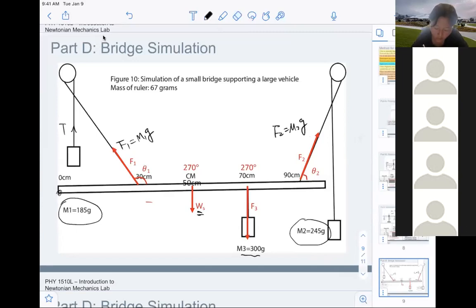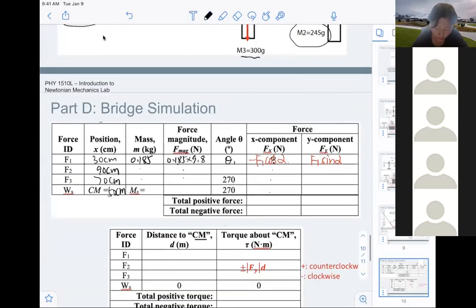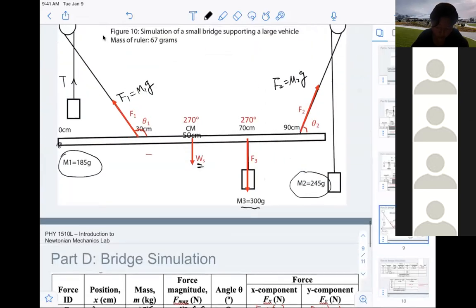So we know all these forces and how much they are. You can write out the magnitude of these forces, because you can just use M times 9.8 meters per second squared. You can write out all their positions. This is at 30, this is at 50, this is at 70, this is at 90 centimeter mark.